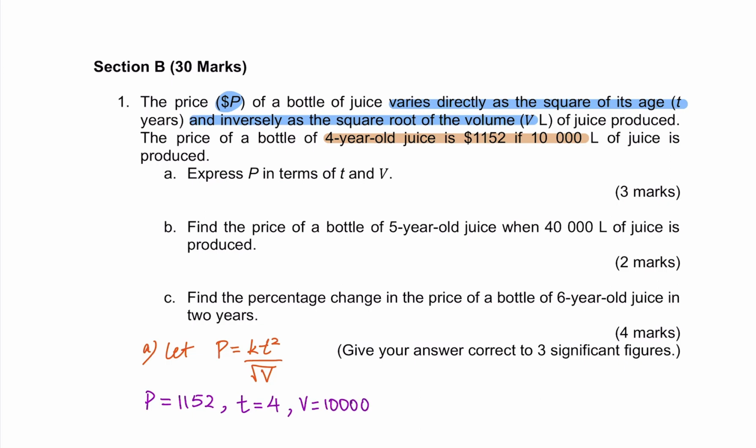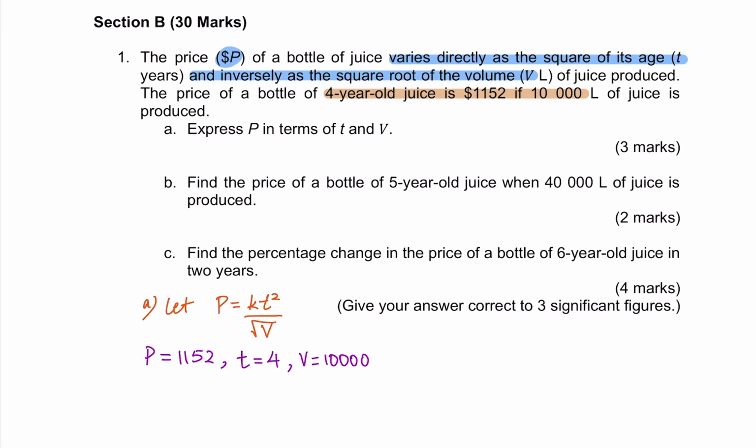Next, just replace the unknowns with these values. Remember to keep that square root, and also remember to keep that square. It's very, very important.